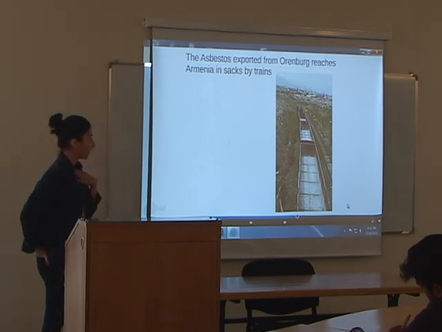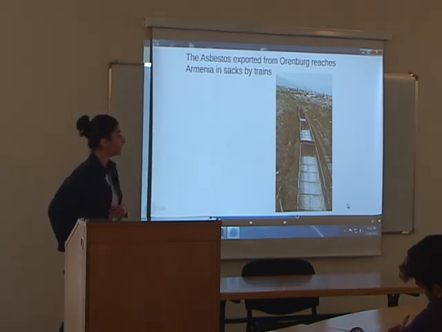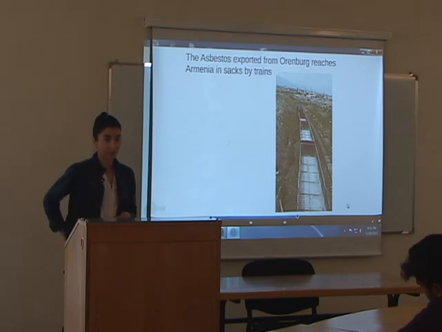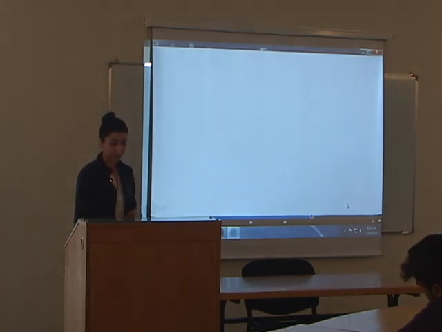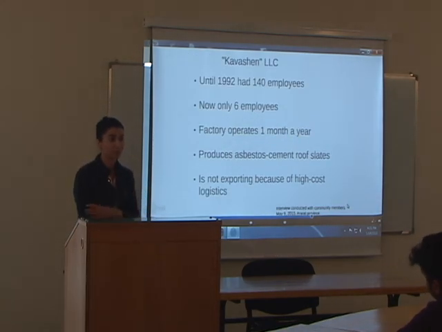So probably the product that is coming with this train is not covered, so it's not protecting the air from pollution. In the case of asbestos, as Shabita already told, the one used for roof tiles is in the form of powder, so we need some kind of protection.